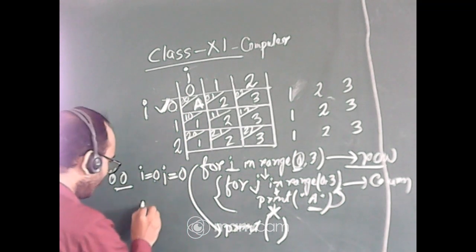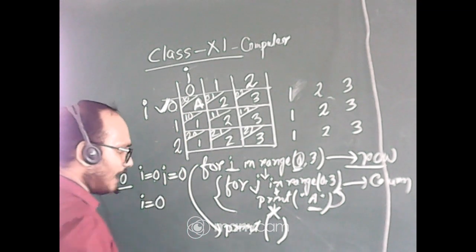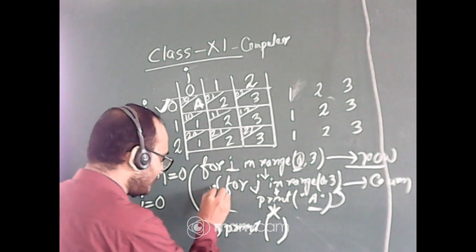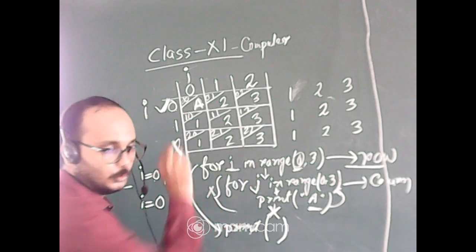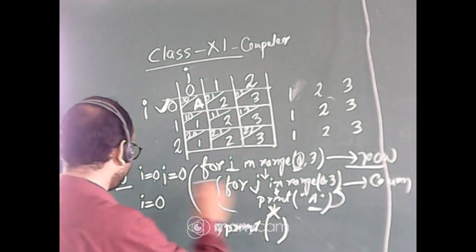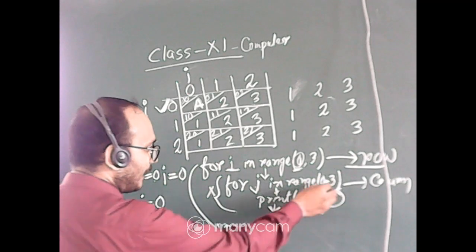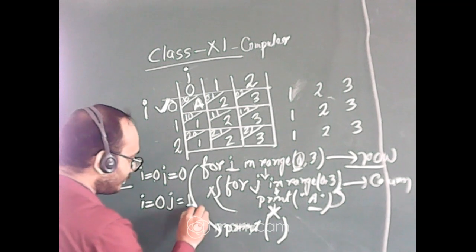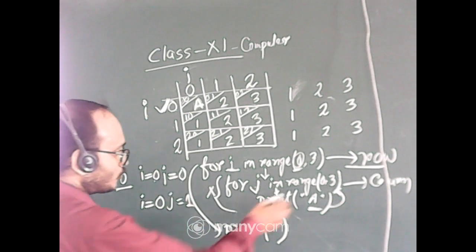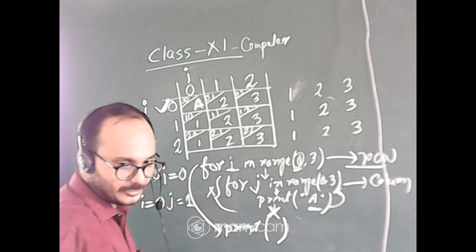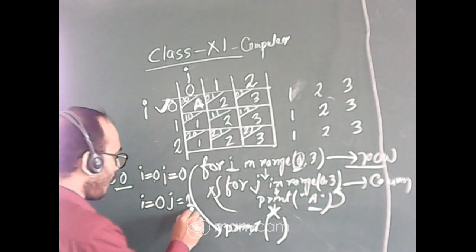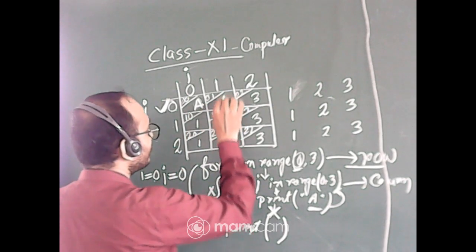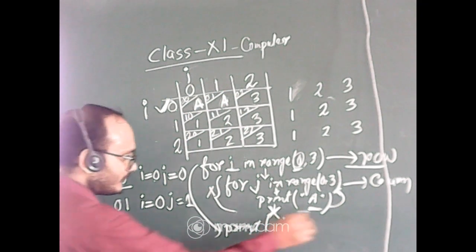For the second step, the i value is 0 because this value can't change while the inner loop executes. So the i value is 0, but the j value increases: 0 plus 1 equals 1. It checks 1 less than 3, obviously. So the second value will be 0, 1, the second box, and it prints A.